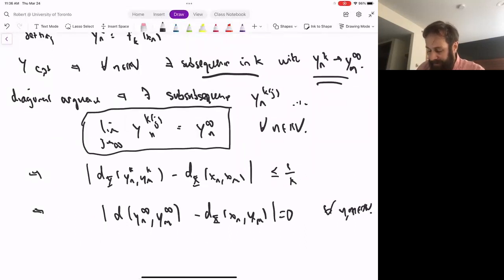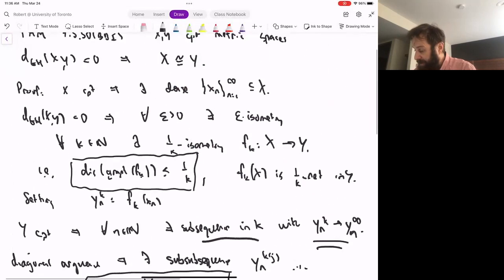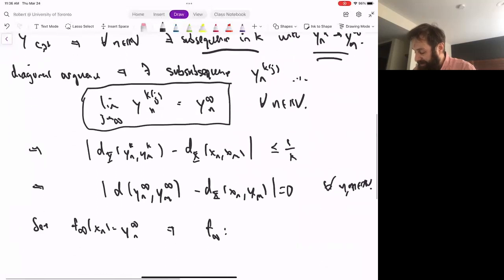If I set F infinity, then what I've just shown is that F infinity, at least on this preferred subset, maybe I should have given it a name, let me call it capital S, is an isometry.